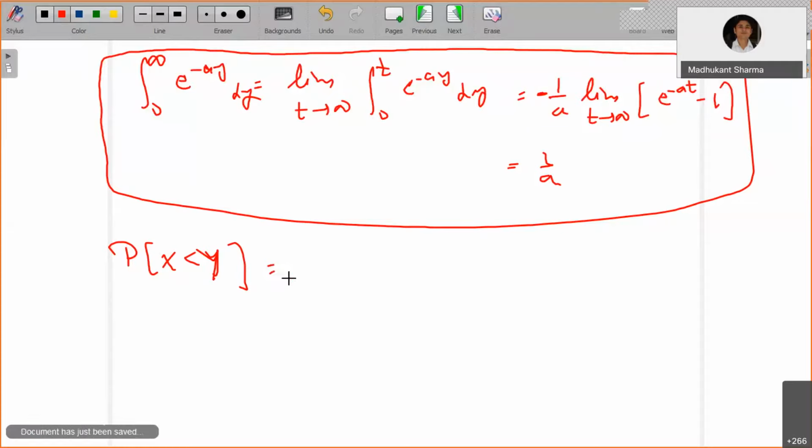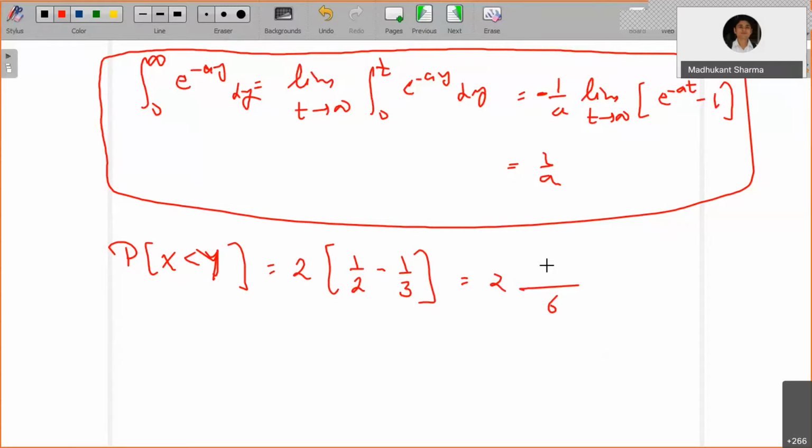2 times 1 by 2 minus 1 by 3. So this is going to be 2 times, so this is 6 and this is 1 by 6, so this is going to be 1 by 3.